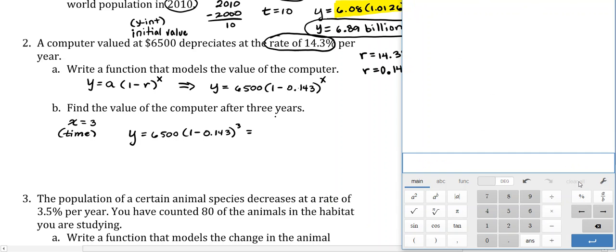Okay, clear, 6,500, parentheses, 1 minus 0.143, raised to the 3.